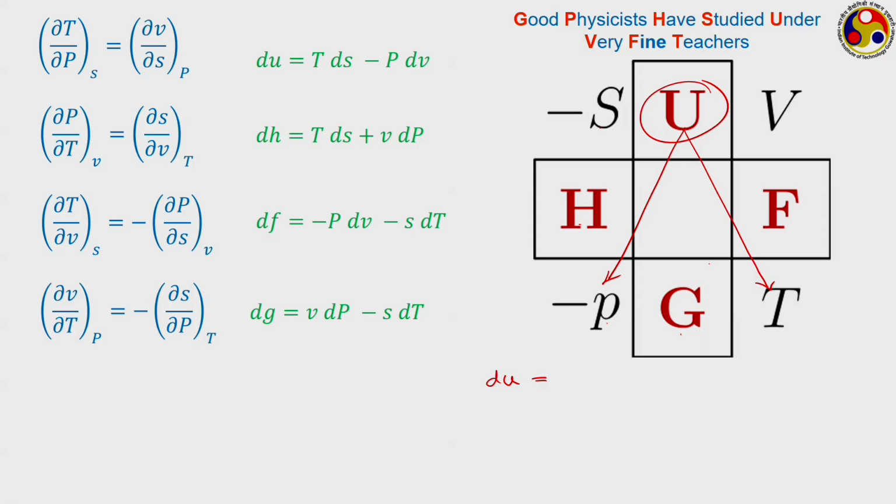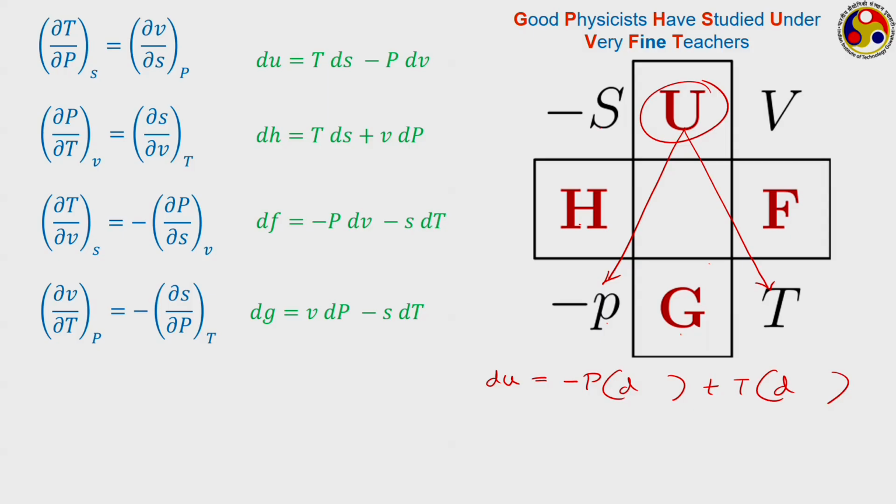That is, your expression will be of the form minus P into d of something plus T into d of something. So minus P and T, the terms appearing in the opposite corners, will be the two coefficients. The terms which appear on the left hand side corners, like P and S, there generally we have this minus sign.